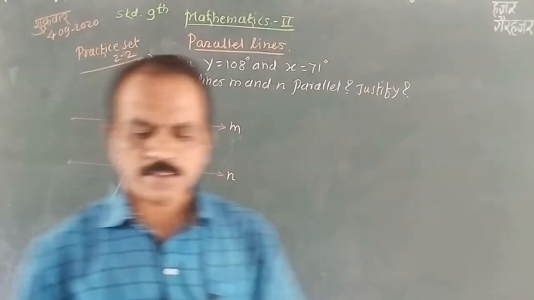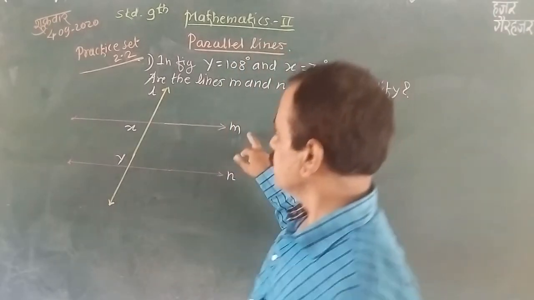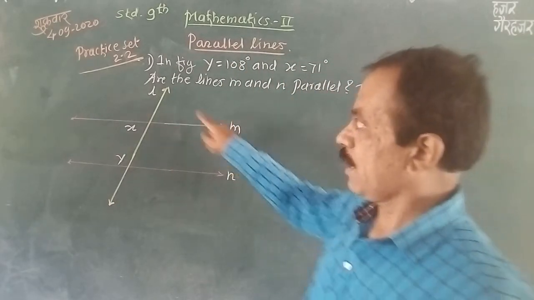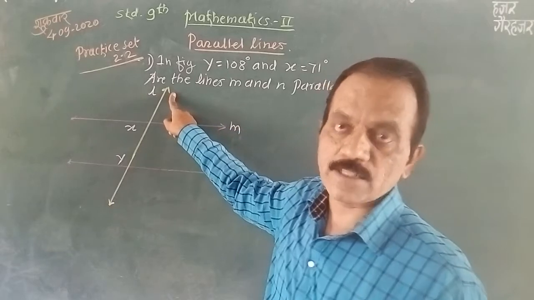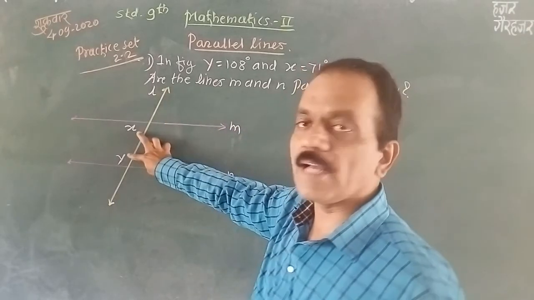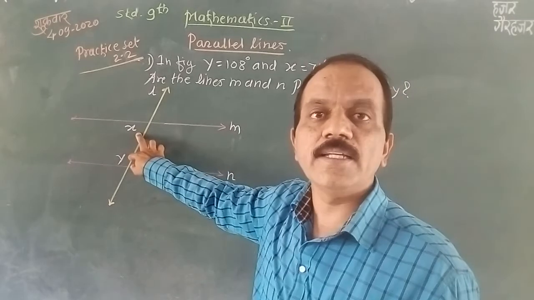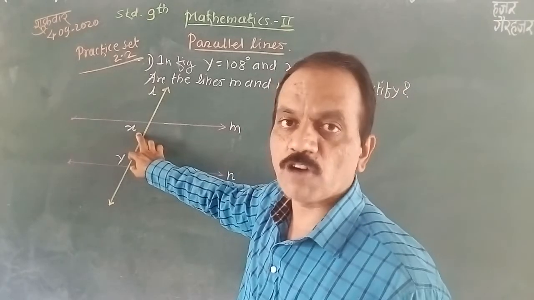Now see in this figure, line m and line n are the parallel lines and line l is a transversal. These two angles formed are called interior angles. What is the meaning of interior angles?